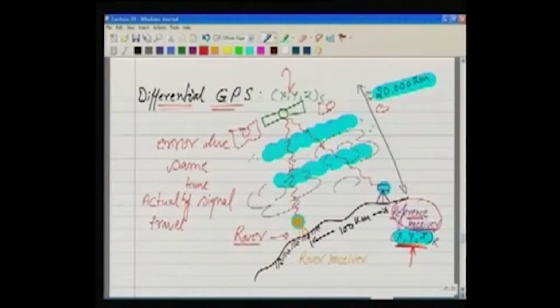Now if the actual time of signal can be computed, this reference receiver is actually also measuring this time. The meaning of actual time of signal travel here is, its actual position is known to us, and this receiver also knows where the satellites are, because it is getting the navigation data.